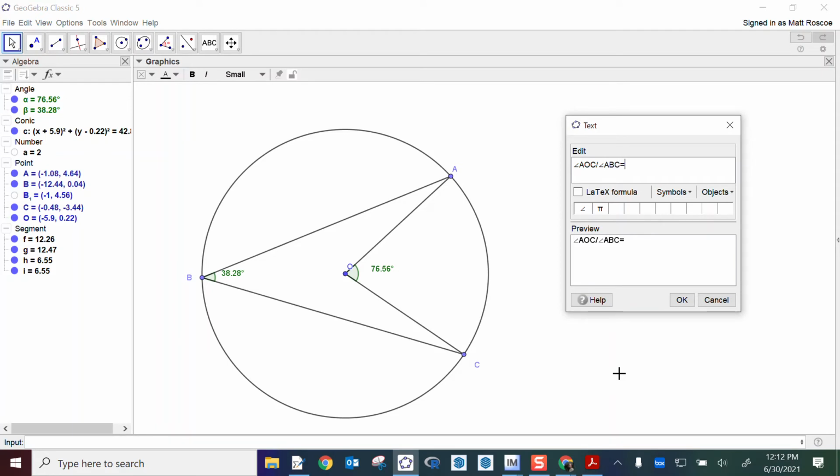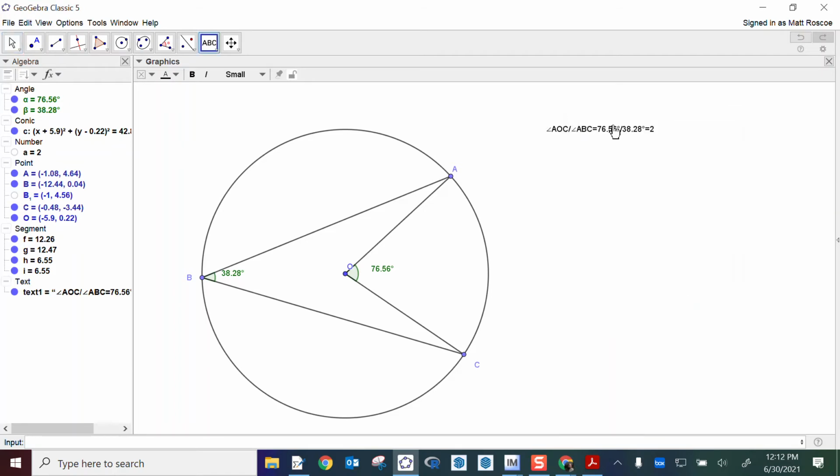Yeah, and then what you can do is you can actually pull in those angles if you want. Anything that's an object in the sheet can be used. Its value can be inputted here. So I'll put alpha there. You can see this is the preview, 76.56 divided by, and I'll put object beta next, and then I'll hit equal, and the object we want it to be equal to is a, which is 2.